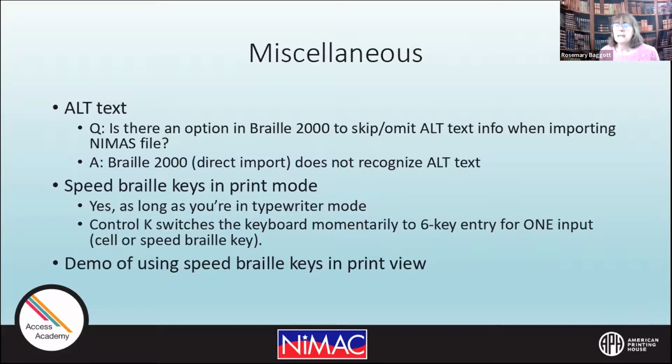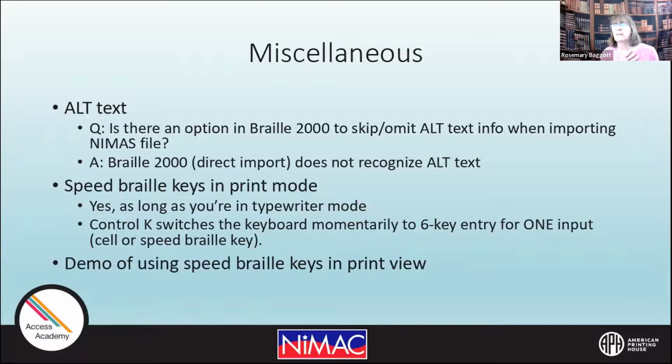He said basically Braille 2000 does not have a setup to recognize alt text as it's coming in. So that would mean if you just go straight from the NIMAS file and open it in Braille 2000 as a source file, you should not have the alt text in there.